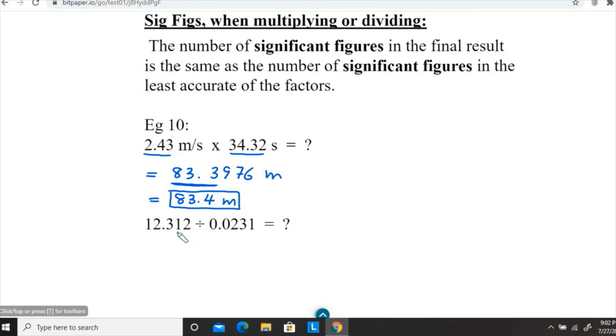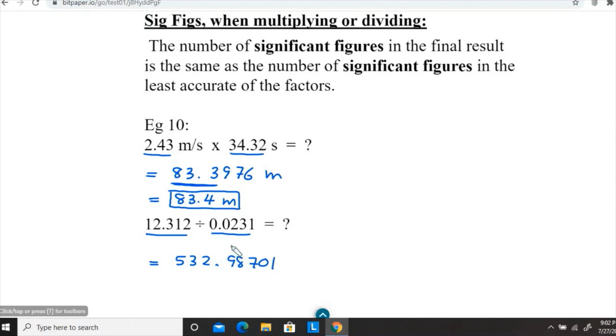Similarly, if we have 2 factors to divide, again we look at which factor has the least significant figures. So here we have 5 sig figs. However, on this number we have 3 significant figures. So when we divide this, we are going to get 532.98701.